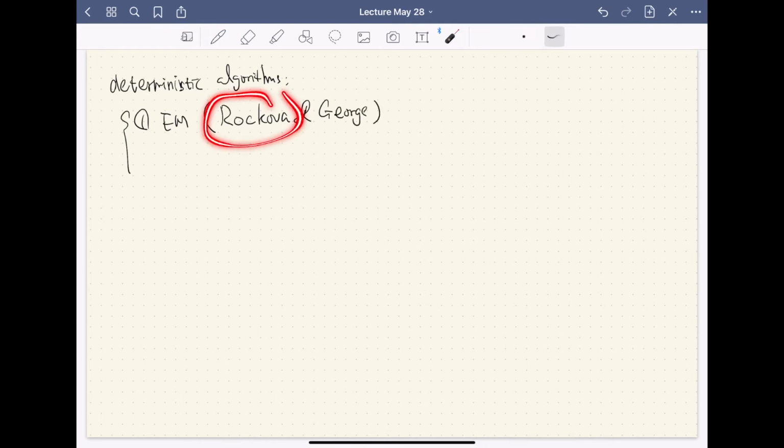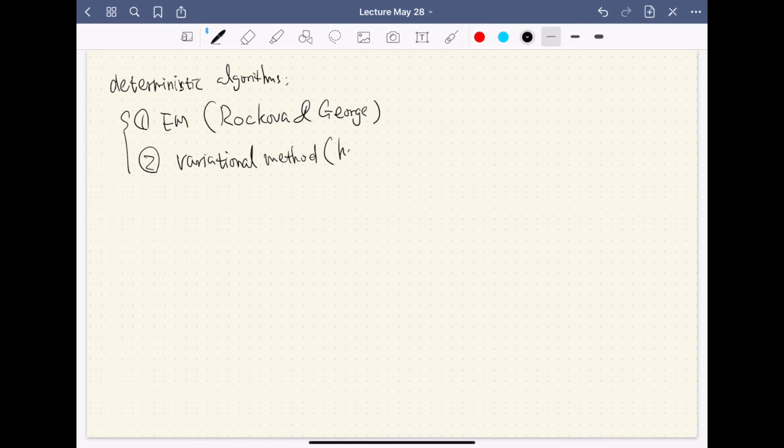This is actually Veronika Rockova from Booth. Veronika was a postdoc of Ed George, and this is their joint work. And people also realized that you can approximate the posterior distribution by a variational algorithm. For that, you should check the homework.